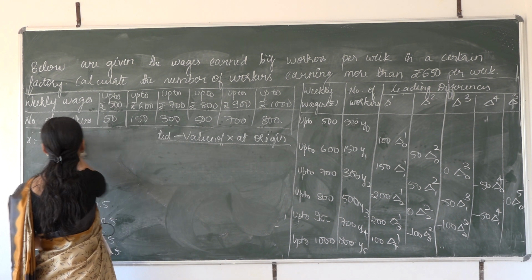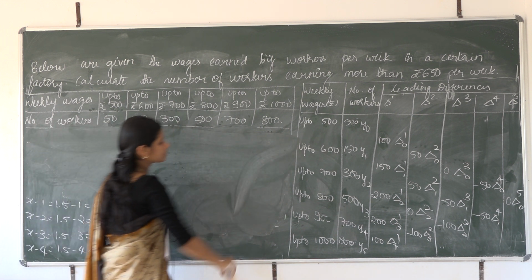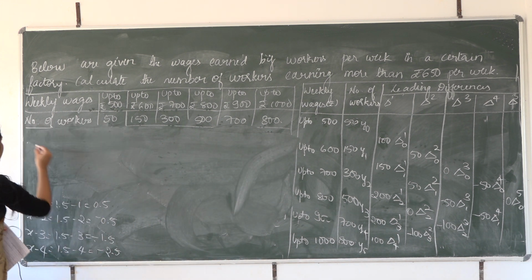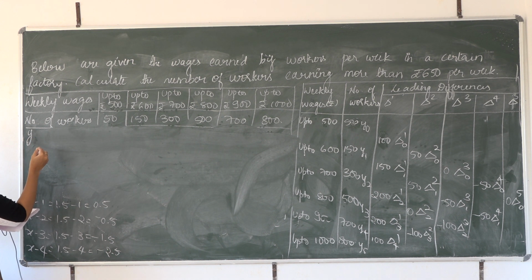The formula of y is, so now we are going to write the formula of y up to 650. Up to 650 we are going to calculate.